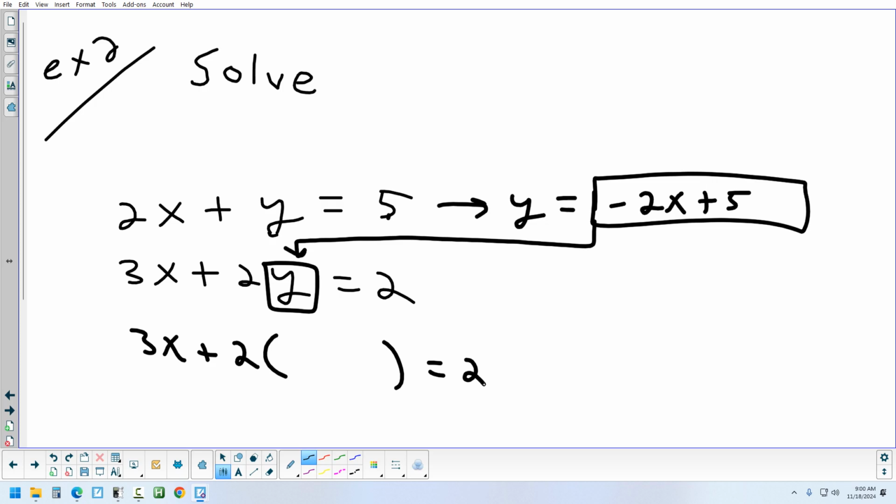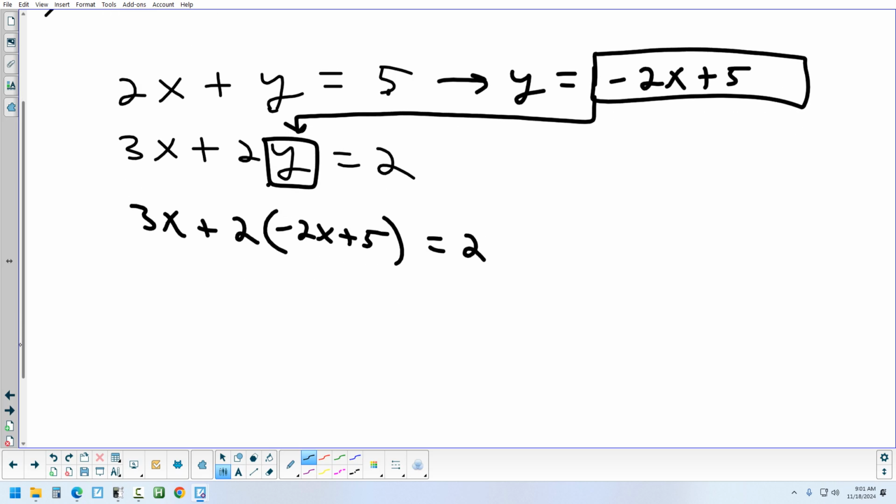Because it's a distributive property. Okay, so what we get, 3x, that stays the same. The plus stays the same, the 2 stays the same, and the equals 2 stays the same. I just substituted in what's in that box for negative 2x plus 5. And this will not be a quadratic. Just a linear equation.